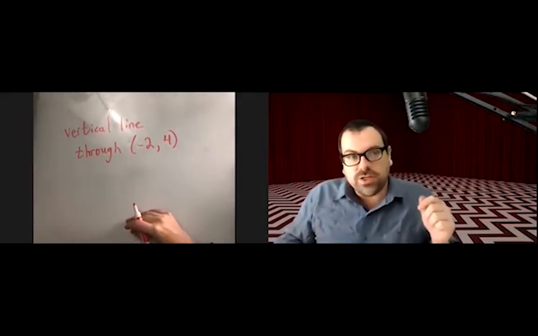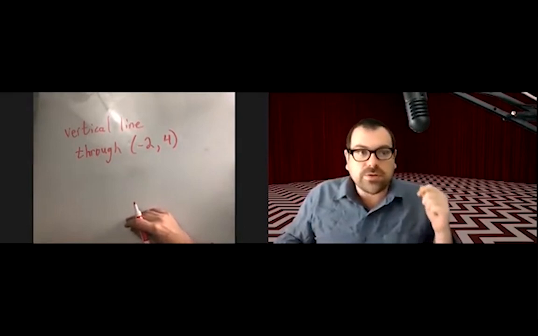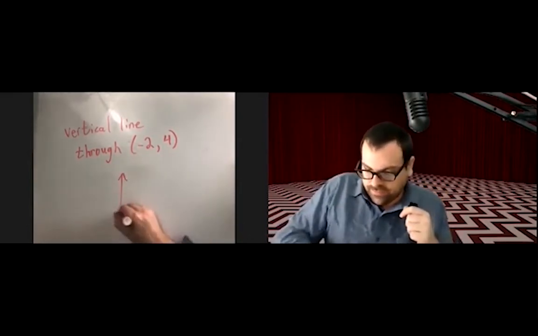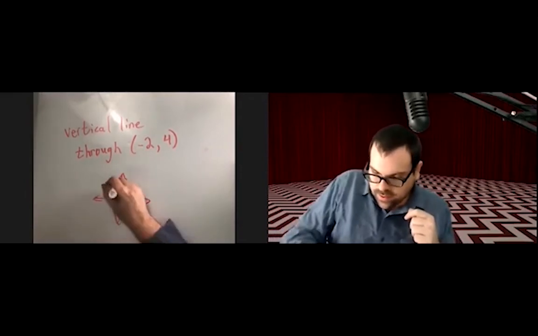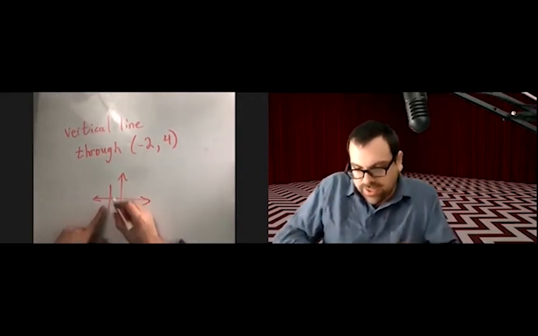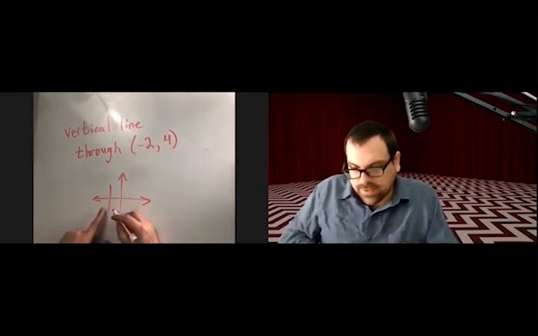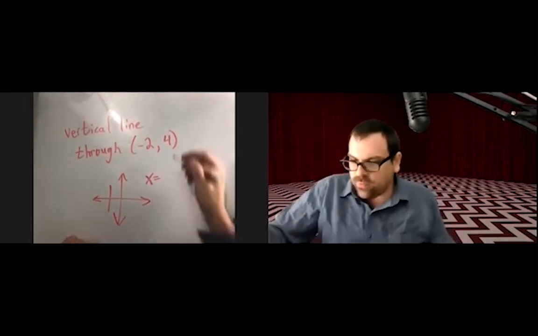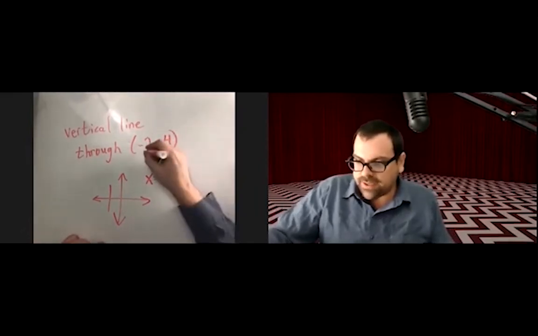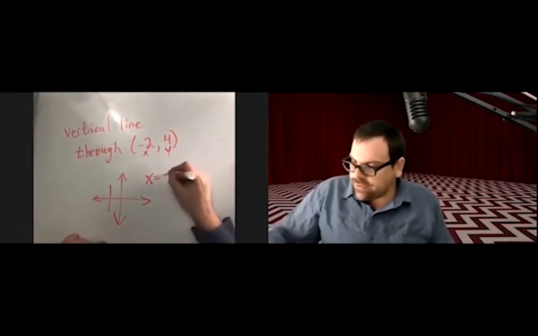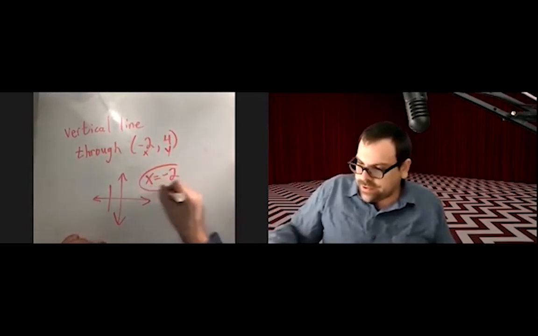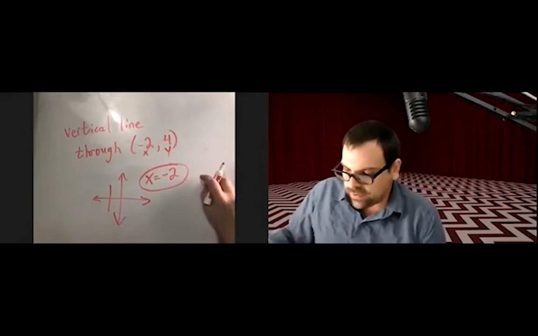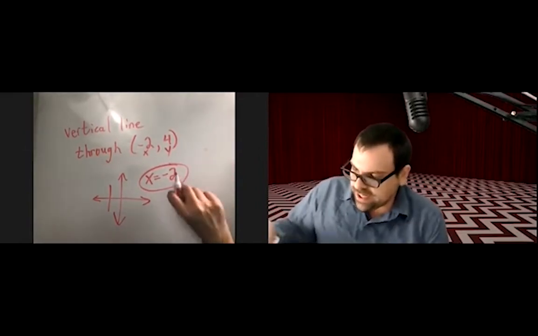To get the equation of a vertical line, ask yourself what axis it strikes. And a vertical line would strike the x-axis. So a vertical line is x equals. And if we want it through this point, what's the x? -2. So the vertical line through (-2, 4) is x equals -2.